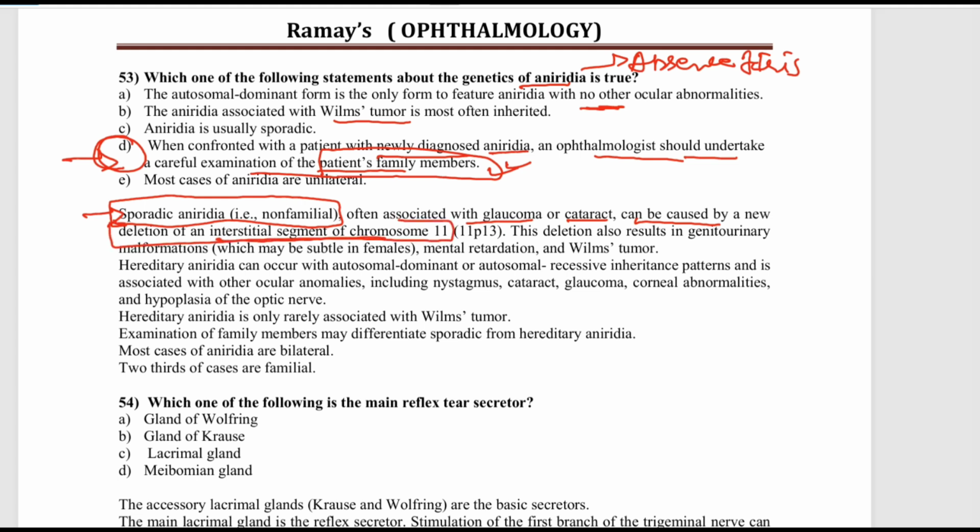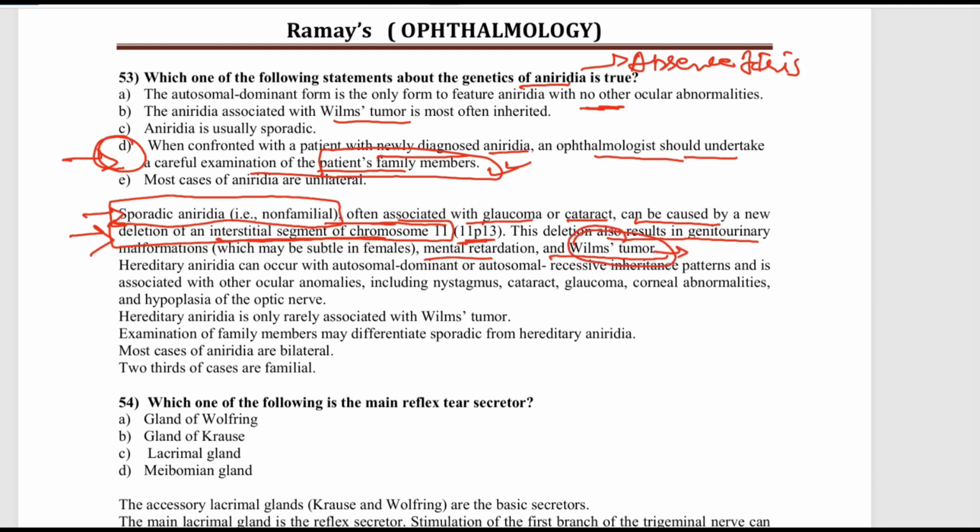Remember this chromosome. Aniridia is associated with abnormality of the chromosome 11, short arm segment P13. This deletion also results in the genitourinary malformation, which may be subtle in the females, mental retardation, and the Wilms tumor. So, the sporadic aniridia or the non-familial, that deletion is associated with the Wilms tumor. Remember that. This is not hereditary.